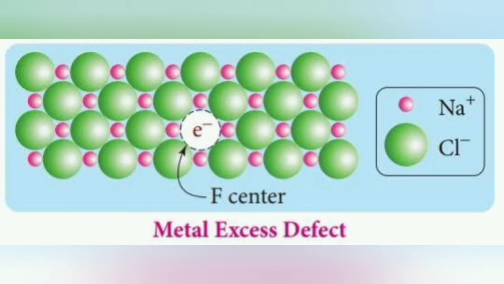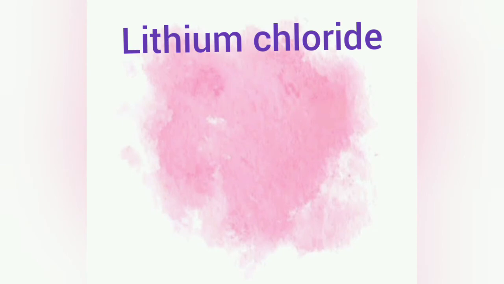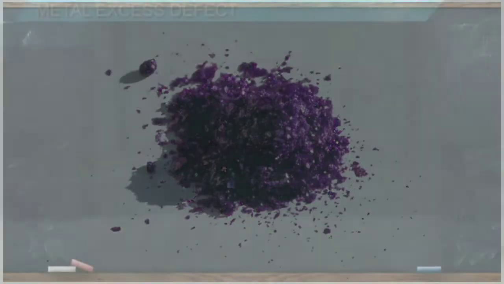These electrons diffuse back into the crystal and occupy the vacant sites created by the chloride ions. It means the electrons occupy the anionic sites. These electrons absorb some amount of energy of white light, giving yellow color to sodium chloride. Similarly, excess of lithium in lithium chloride makes it pink and excess of potassium in potassium chloride makes it violet.